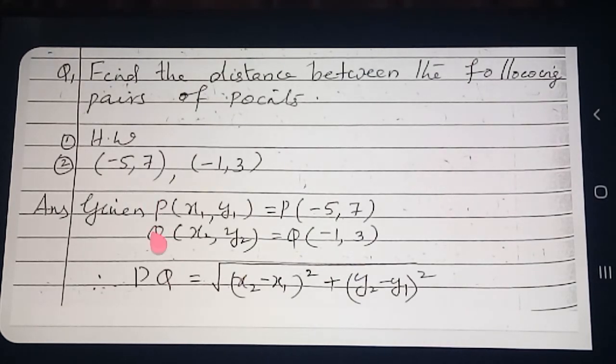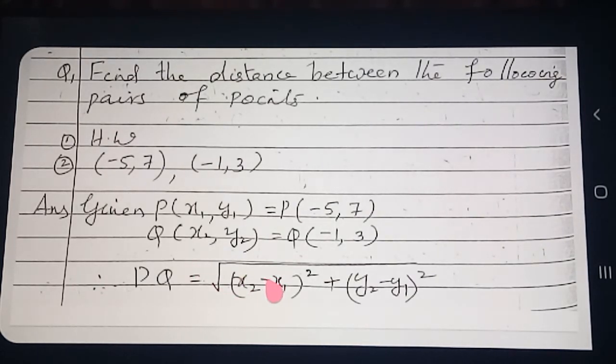How do we find the distance between P and Q? What is the distance formula? PQ is equal to the root of (x2 minus x1) the whole square plus (y2 minus y1) the whole square. Okay, clear? With this distance formula, for any two points marked anywhere, we can find the distance between them.